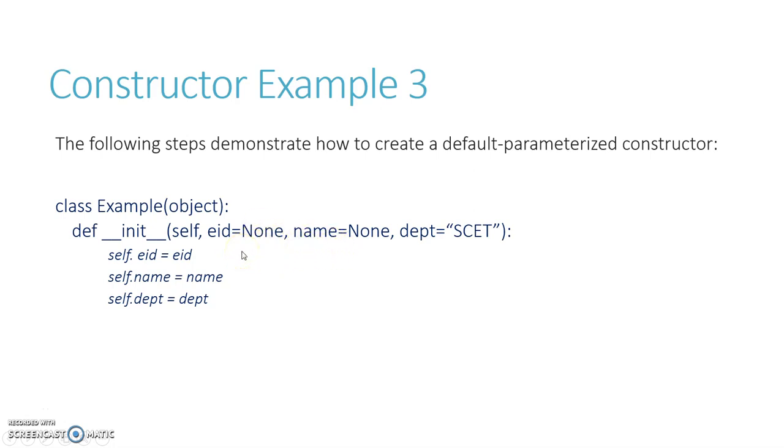Suppose you are trying to create an object of this example class, you have to pass the values in the same order you have defined in this default parameterized constructor. So you cannot pass name first and then EID. You have to first pass EID, then name, then department.